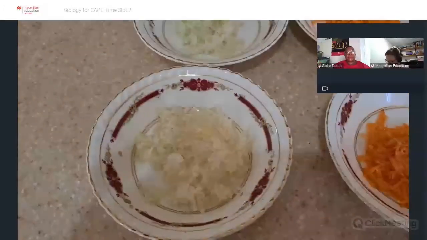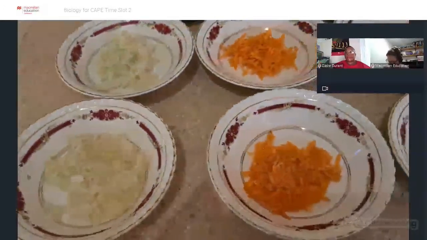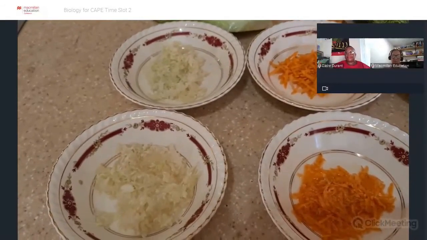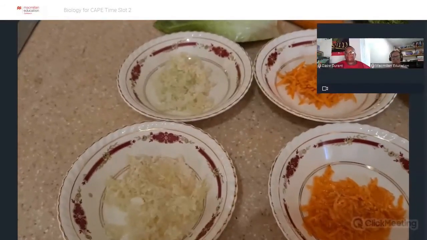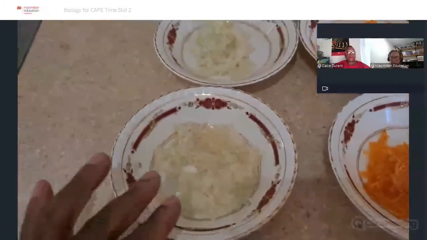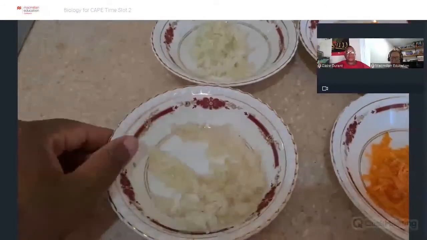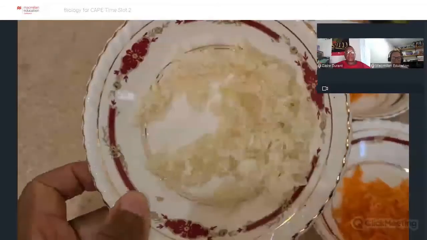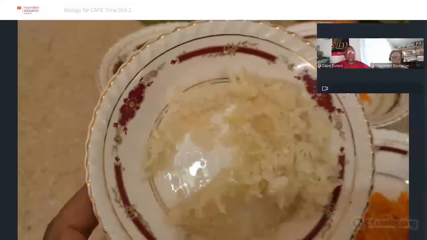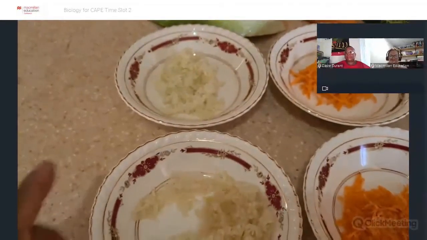And let's now just have a look at each of the dishes where the solute, which was sugar or salt, was added. So for the cabbage, we can see here that liquid has accumulated in the dish.